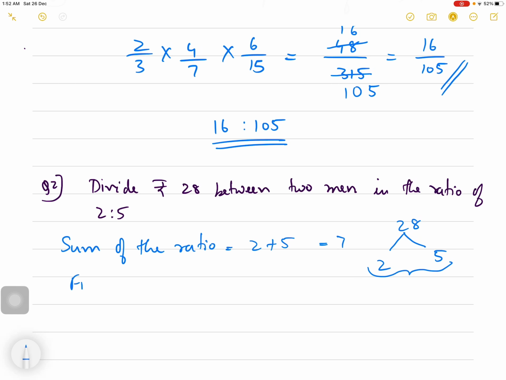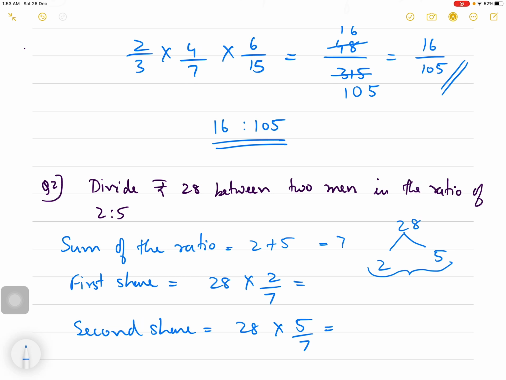So the first share is equal to 28 into 2 by 7, and the second share is 28 into 5 by 7. 28 into 2 by 7 comes to rupees 8. 28 into 5 by 7 comes to rupees 20. So rupees 8 and rupees 20 are in the ratio of 2:5.